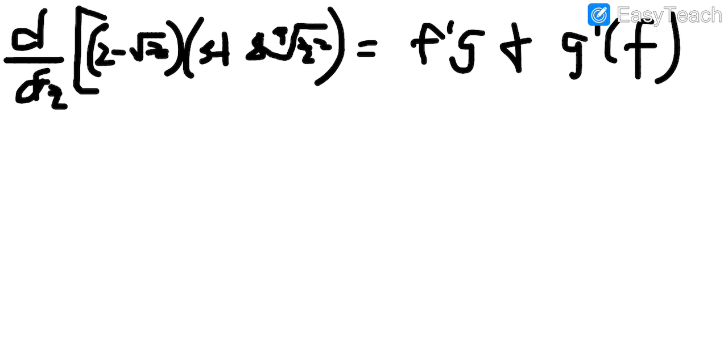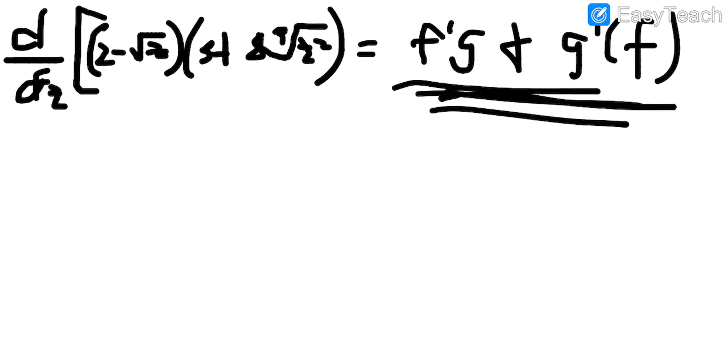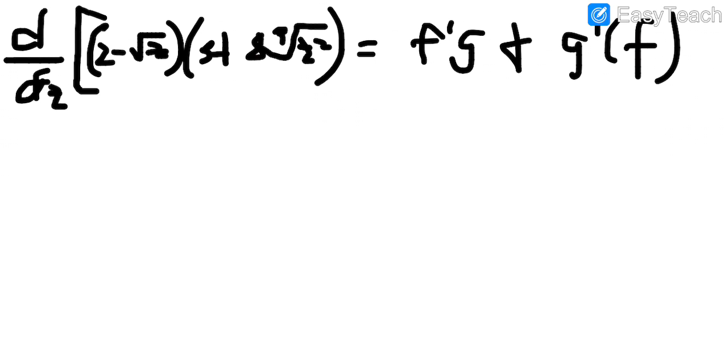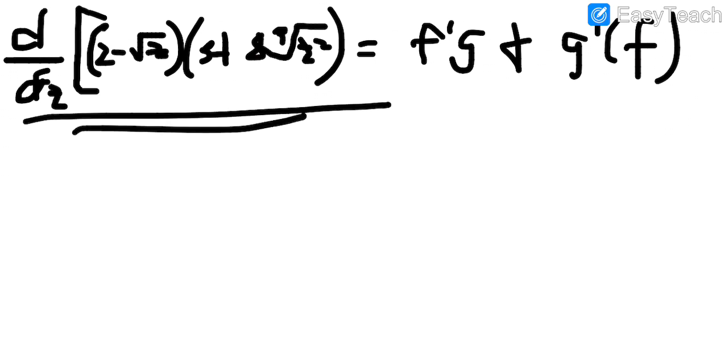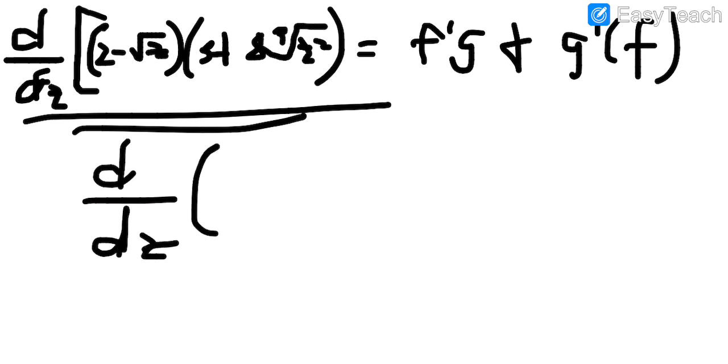So let's go and substitute the values of these terms. The general form is d over dz, the derivative of the product of f and g with respect to z.